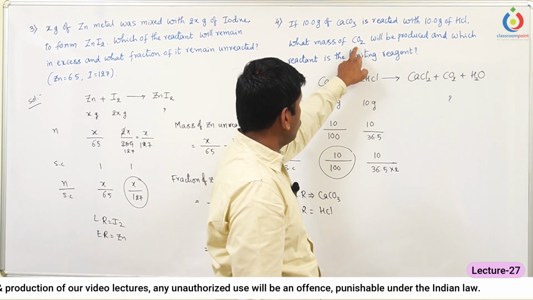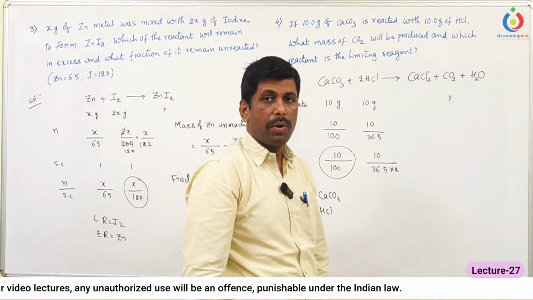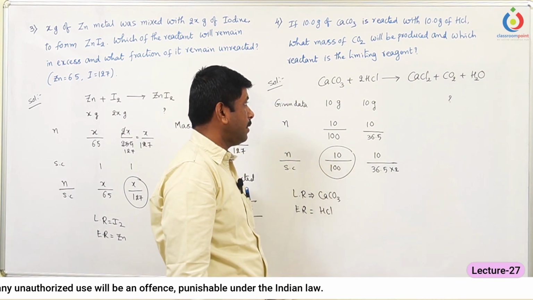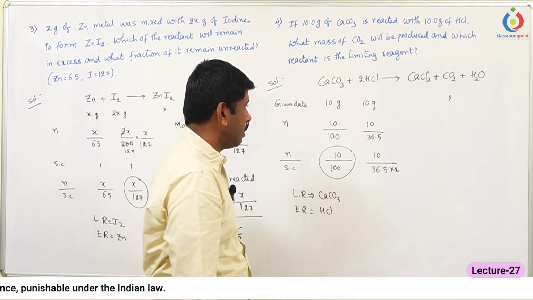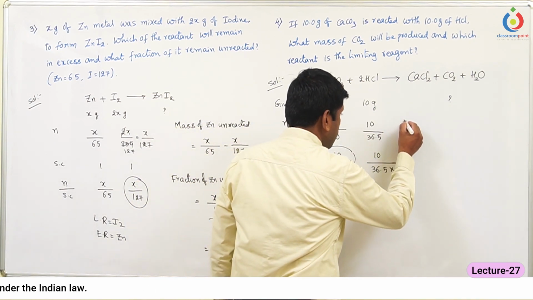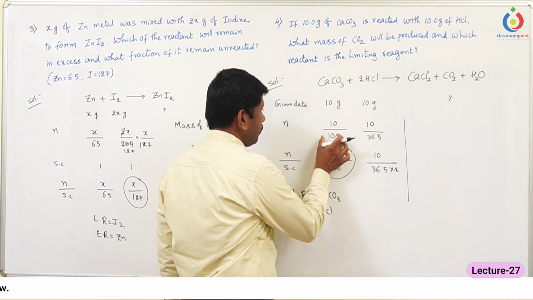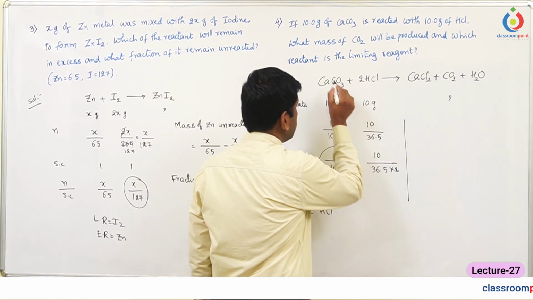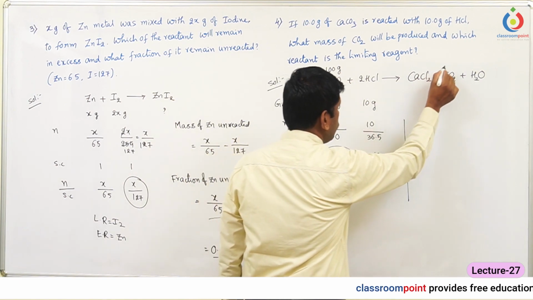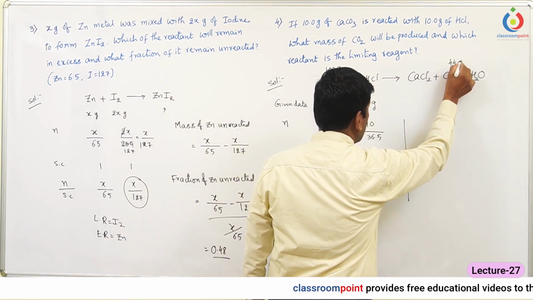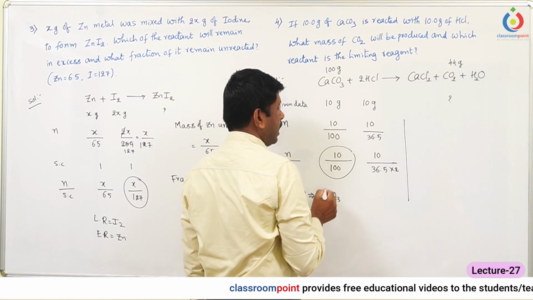So the mass of the CO2 produced. The mass of the product produced always depends upon the mass or quantity of the limiting reagent only. If you see the balanced equation, from the balanced equation 100 grams of CaCO3 is going to produce 44 grams of carbon dioxide.